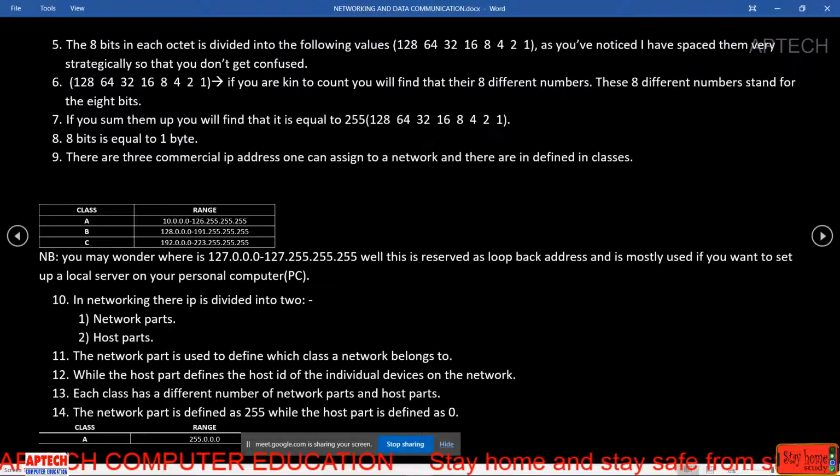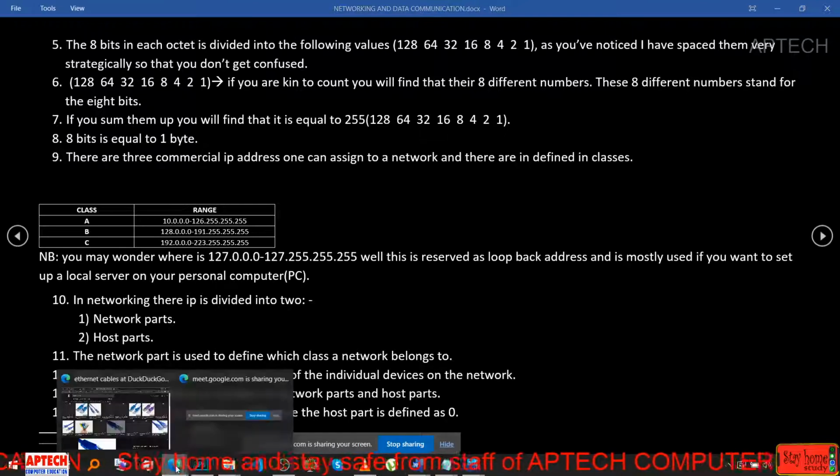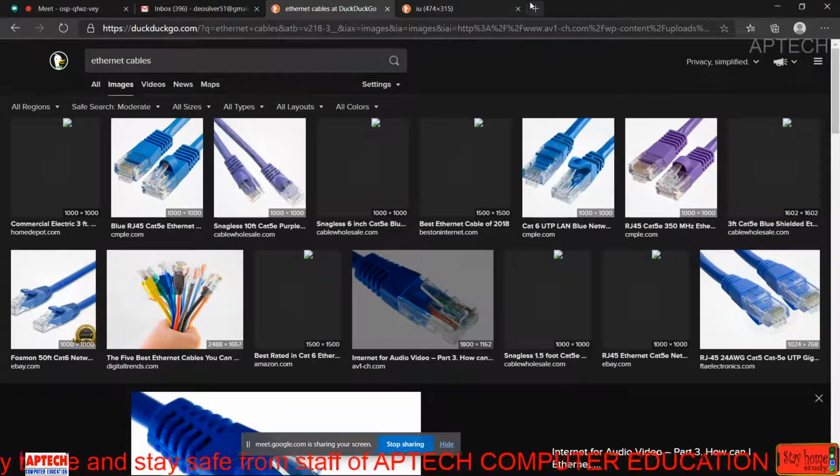If you want to purchase such things, it's available, but obviously there are particular organizations which provide this.